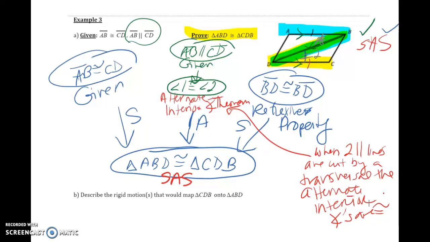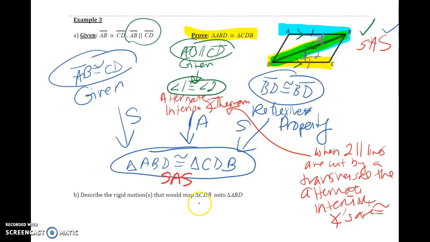So if you don't remember the alternate interior angle theorem, you need to state what it says. When two lines are cut by a transversal, the alternate interior angles are congruent. So because those lines are parallel, and they gave that to us, we can say that the alternate interior angles are congruent. And so now I've completed my proof by side, angle, side. I've shown that included angle, and now we're going to do the last piece.